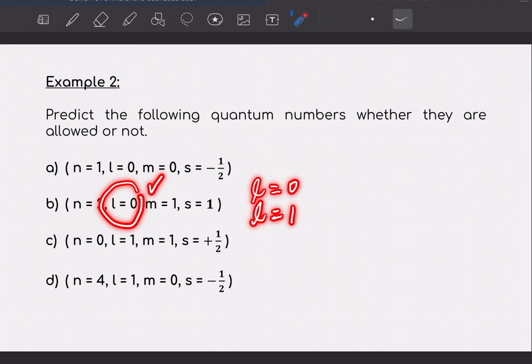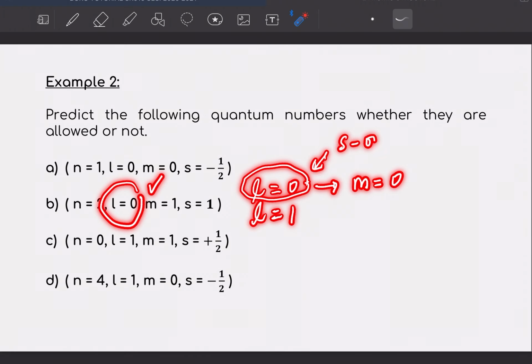So, this is allowed. So, when L is equal to 0, the possible value for m pula apa? The possible value for m will be 0, because this is s orbital. Okay. So, boleh tak m equals 1 bila L equals 0? Tak boleh, okay?